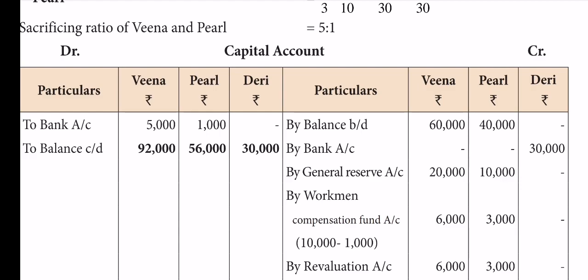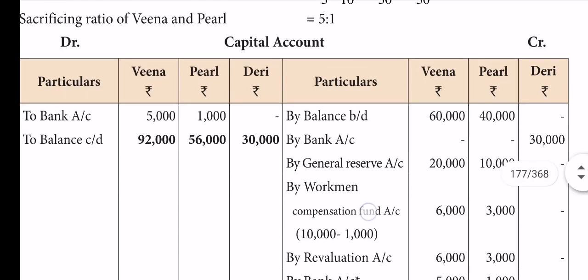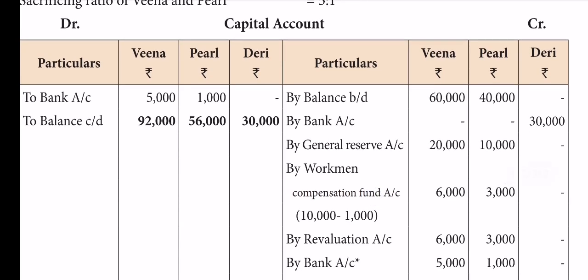See the capital account. As usual, join with the LF column and make one more column for the first partner on both sides. So date, particulars, first column first partner, inner column second partner, outer column third partner, on both sides. Just make one line on both the debit side and credit side.